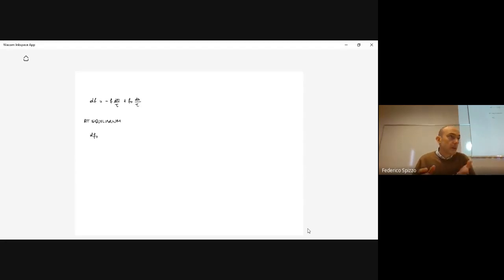But if we are at equilibrium, we know that df0 has to be equal to 0, because that is the distribution that describes the equilibrium condition. The equality to 0 is due to the fact that we are in a stable state, so no variation, no change with respect to the equilibrium.